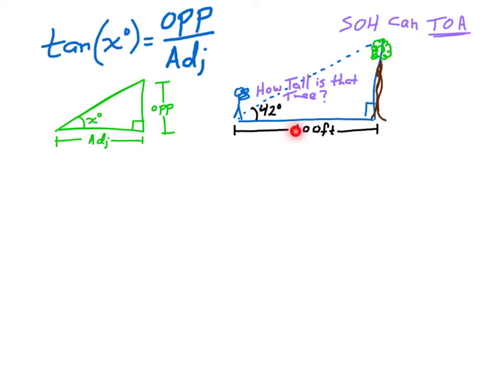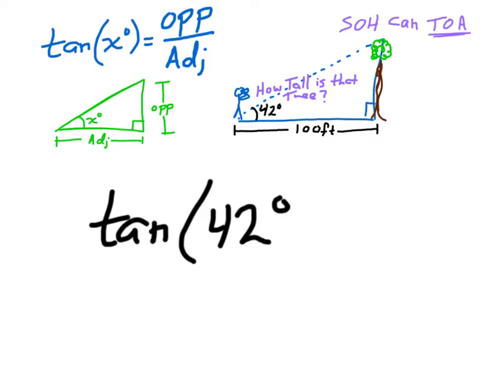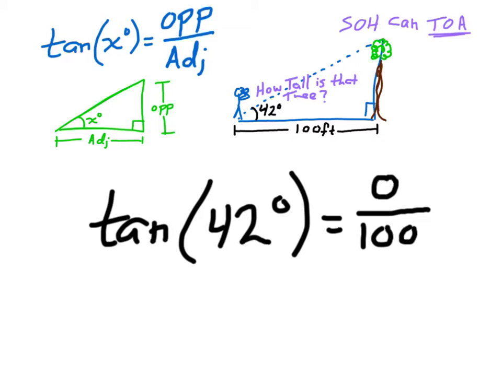Tangent says with these 3 parts, use the tangent. Okay, so let's just fill it in. Tangent of 42 degrees equals the opposite, and I'm going to use O for the opposite. That's not a 0, that's an O. And then I'm going to put 100 on the bottom. So it's not 0 over 100, that's O over 100.